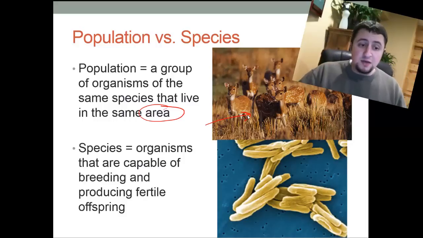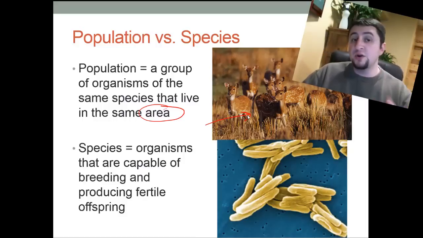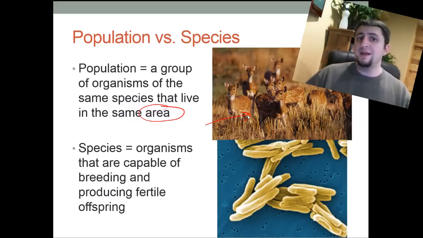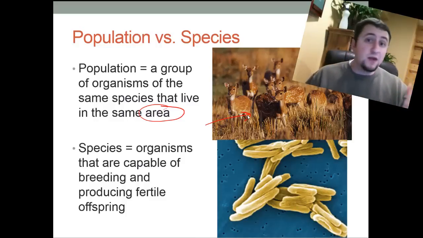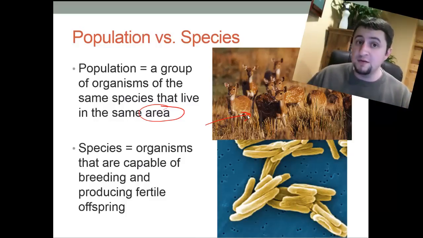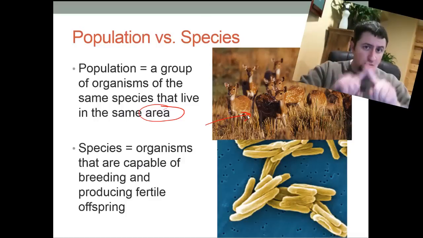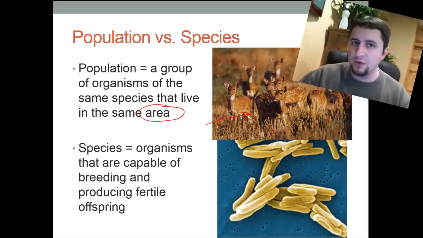A species, another key term here, is certain organisms that have the ability to breed and produce fertile offspring. That means not only can they first interbreed, for example, a monkey and a whale cannot produce babies, but we have to have 2 organisms that can reproduce, make a baby, and that baby has to have the ability to reproduce as well.